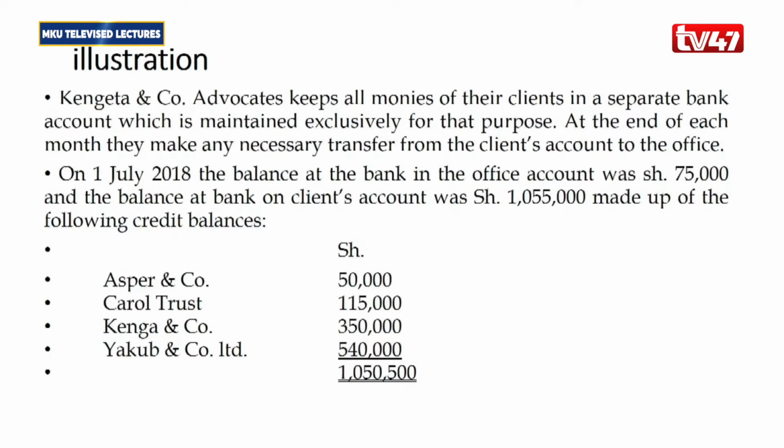We have Caro Trust with 115,000. We had Kenga and Company 350,000. Yakub and Company Limited 540,000, which of course makes up 1,055,000. I'm sorry, there is a slight mistake there when you're adding up, but the total should be 1,055,000.